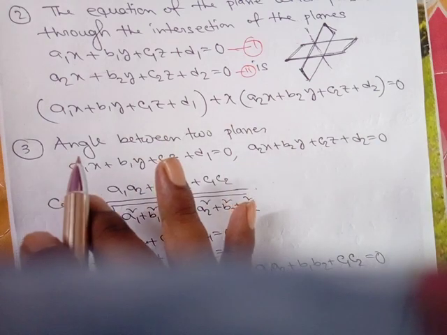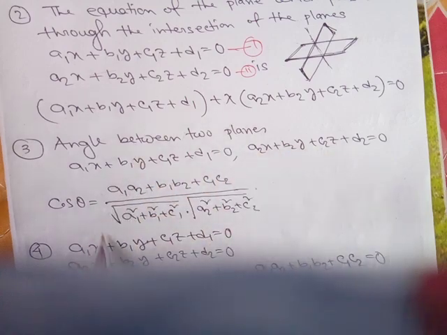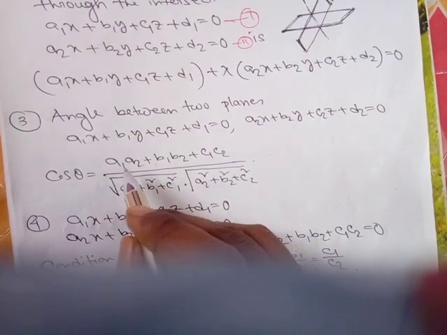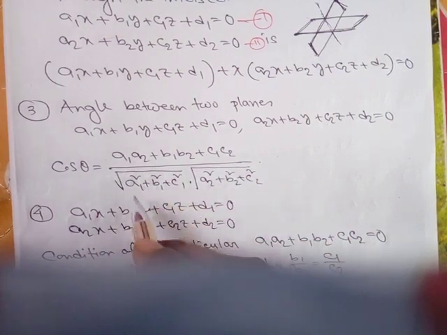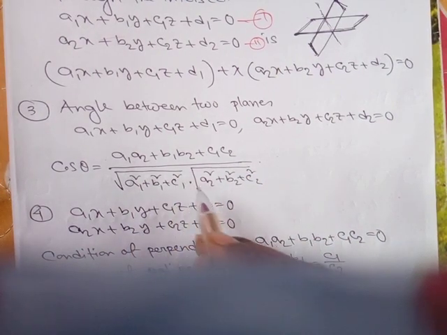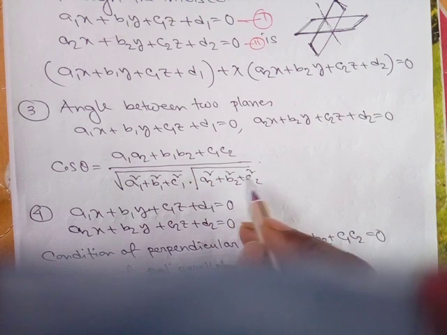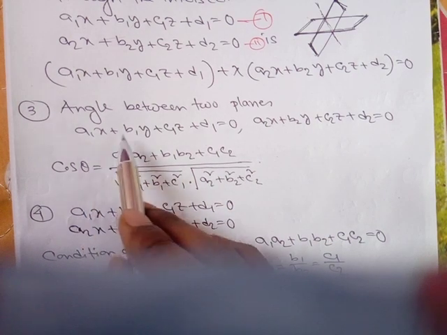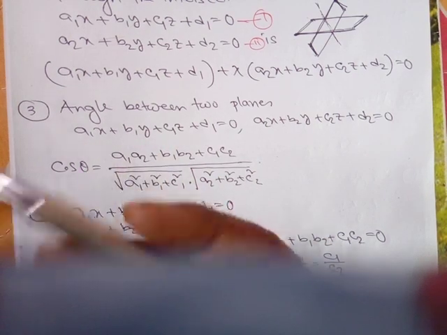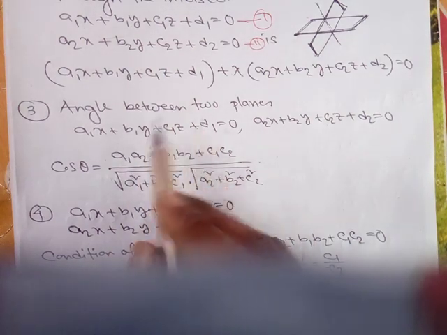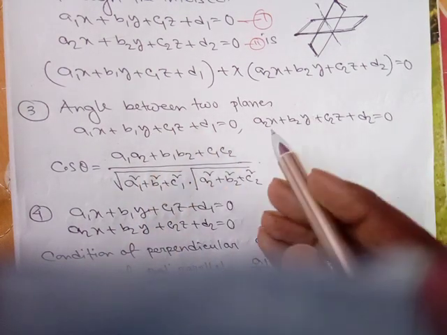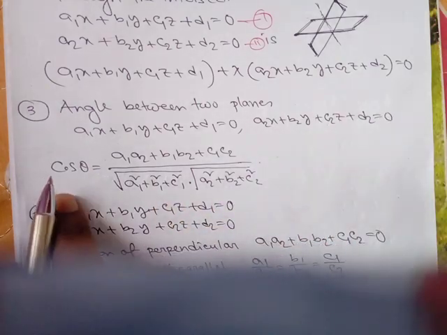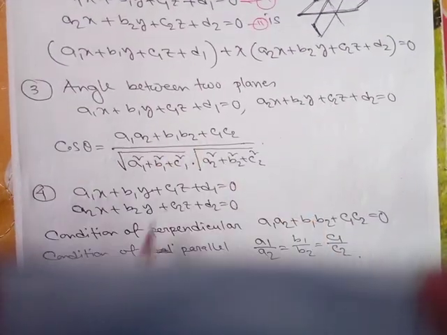If the angle between these two planes is theta, then cos theta equals (a1a2 plus b1b2 plus c1c2) divided by root over (a1 square plus b1 square plus c1 square) into root over (a2 square plus b2 square plus c2 square). Here a1, b1, c1 are the coefficients of x, y, z of the first plane, and a2, b2, c2 are those of the second plane. It is a very simple formula, so you should memorize it.